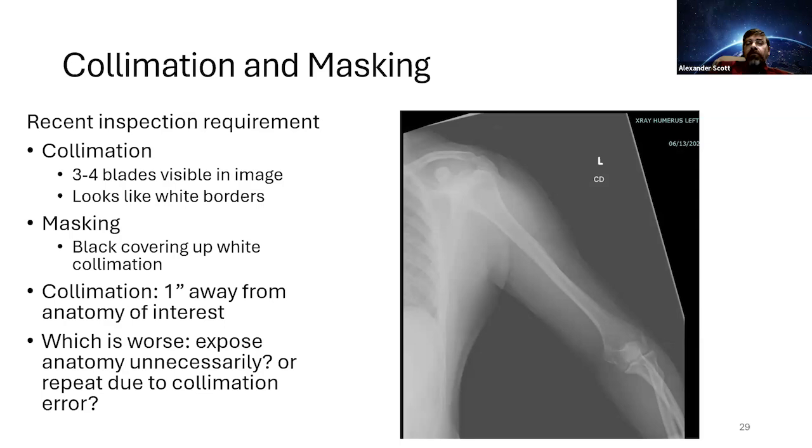But the collimator blades themselves are the white borders, where the lead was in the field of view and stopped the X-rays. So the collimation has to be at least 1 inch away from the anatomy of interest, but at the same time, the inspector requires it to be visible in the image, and they know how to take the mask off to verify that it's there or not.